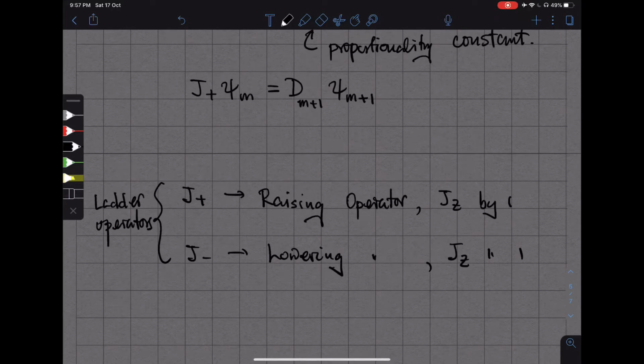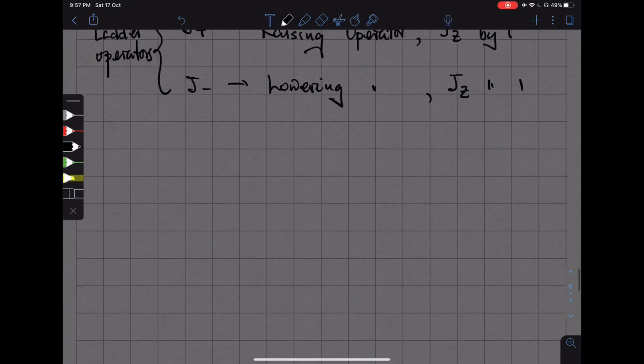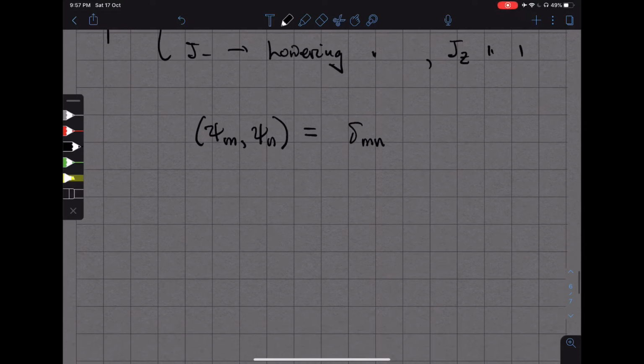All right. So the states that we are dealing with, we are going to assume that they're orthonormal. That is, if I take psi m and take the inner product with psi n, then we get delta mn, where delta is the Kronecker delta. So we can now use this to find a relationship between the proportionality constants C and D. So let's compute the inner product of psi m plus 1 with J plus acting on psi m.